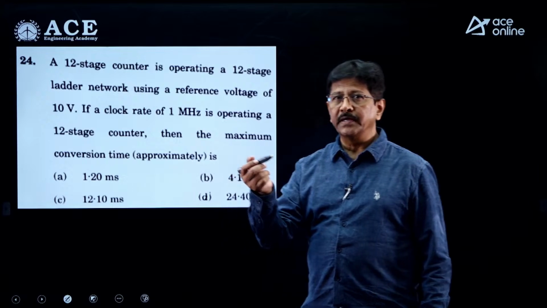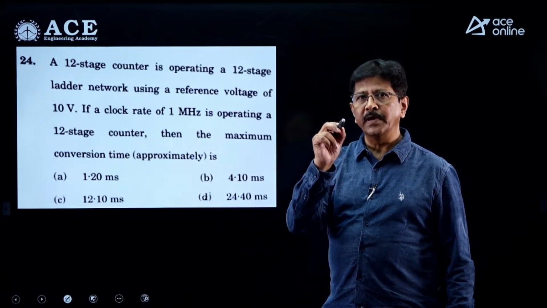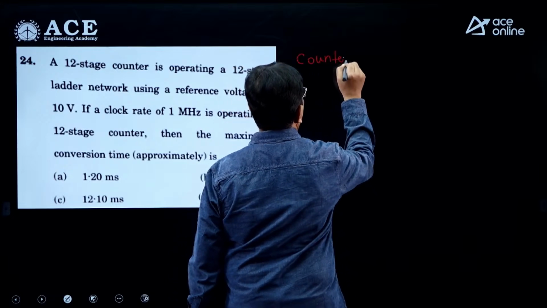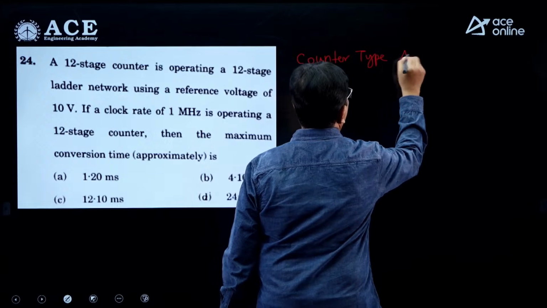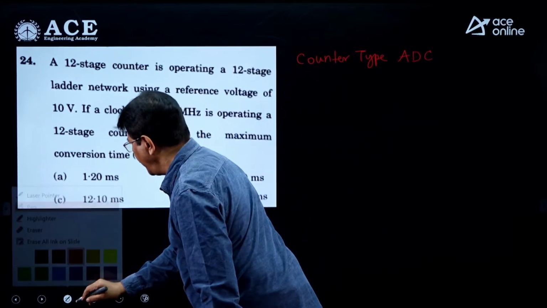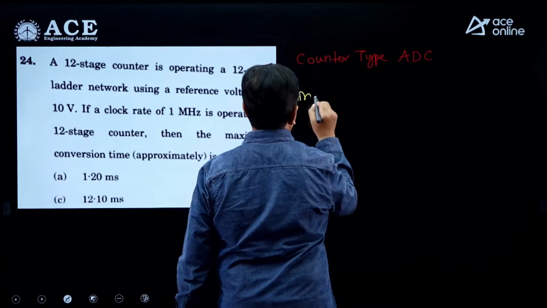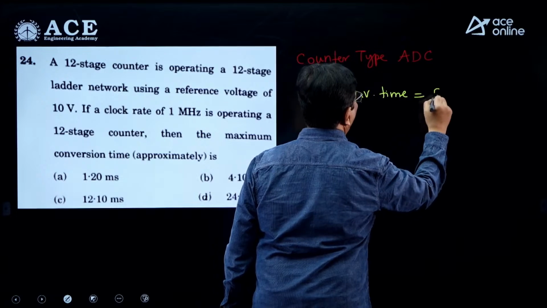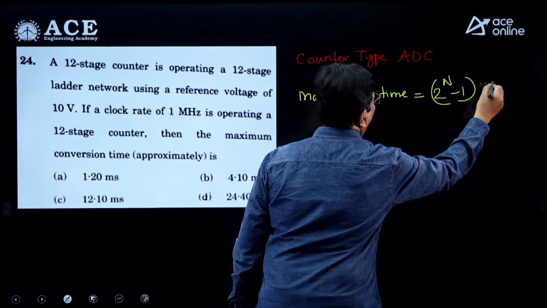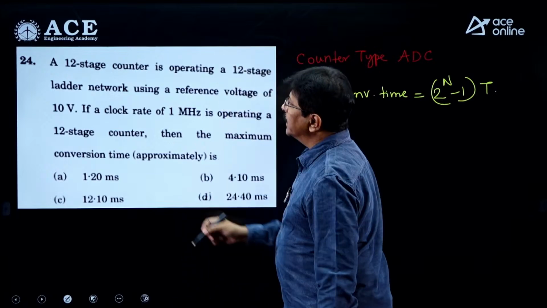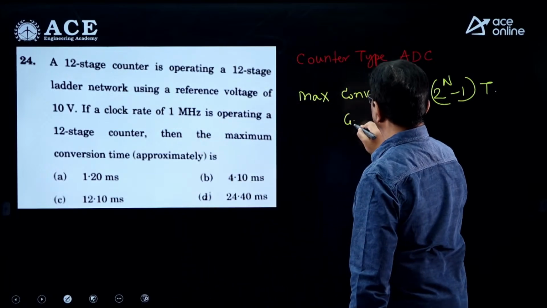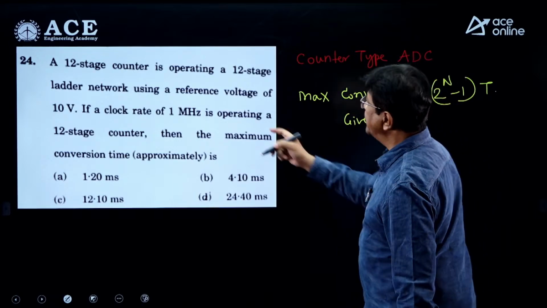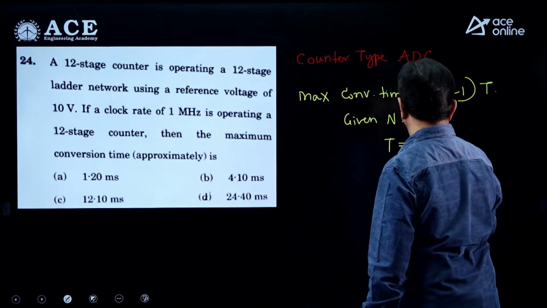In counter type A to D converter, maximum conversion time is 2 power n minus 1 into T. So here n is 12, and T is 1 by 1 megahertz.